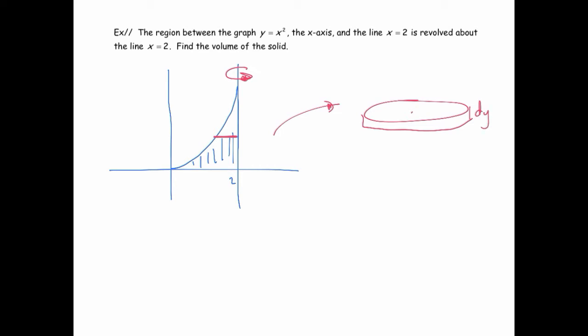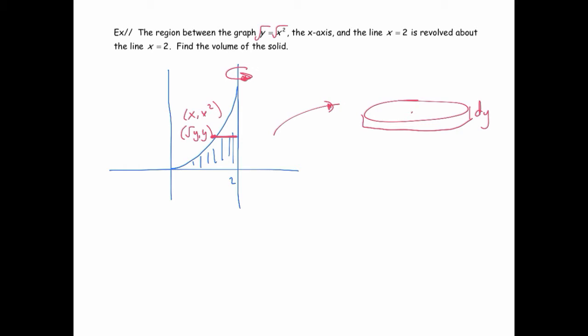And that means we need to name all the points in terms of y. So this point right here, for instance, we can call it x, x squared, but that's not the name I want. I want to call it square root of y, y. And again, square root of y comes from the fact that you would just take the square root to solve for x. So the x coordinate of any point on that curve is square root of y.